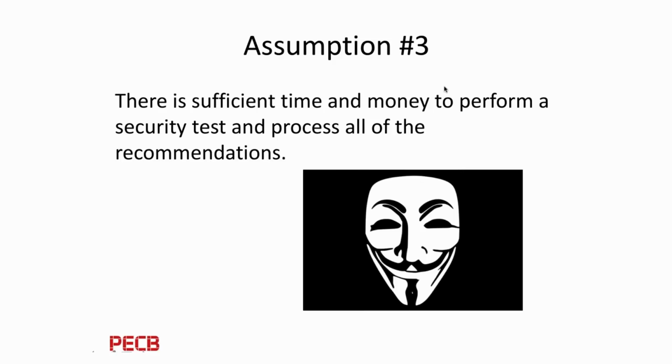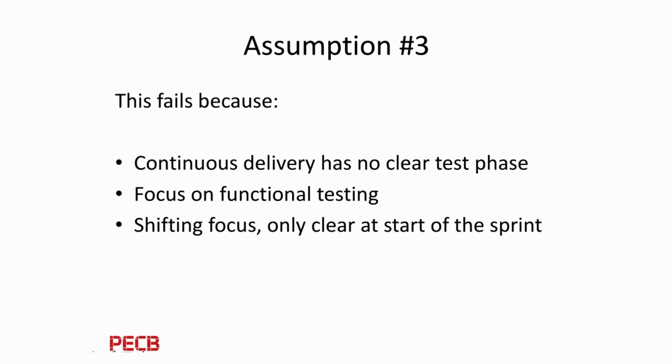Well, it turns out that the continuous delivery model doesn't really have clear test phases available within a cycle. There is continuous unit testing and development steps going on, and if they are testing, it's always if it works as they intended it to work. They don't do any security testing.